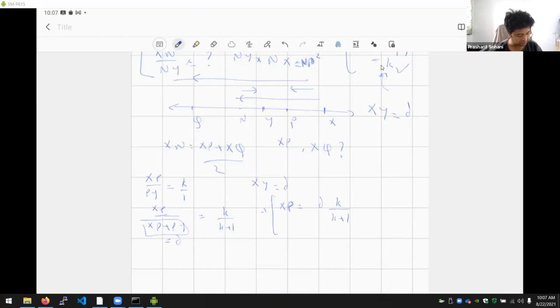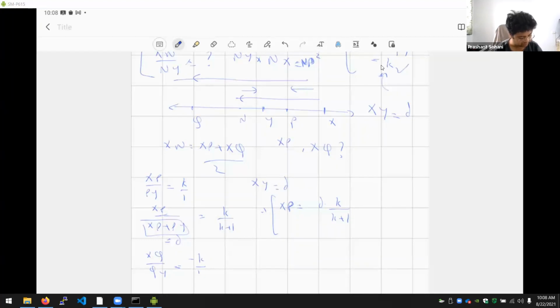Okay. And what about XQ? In the case of XQ, we have to subtract because the point is outside. So XQ upon QY is again, so this will go to minus k this time. So minus k upon 1.